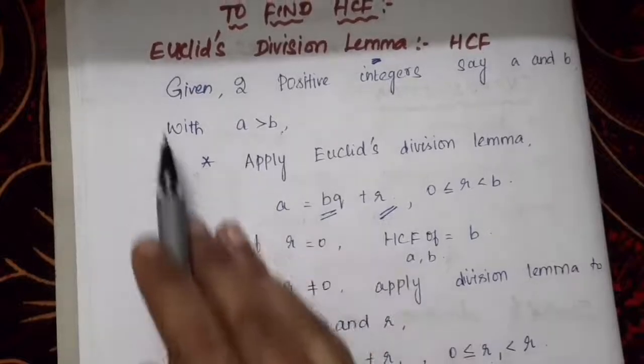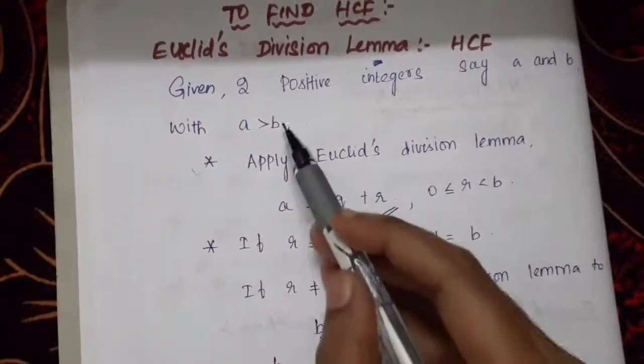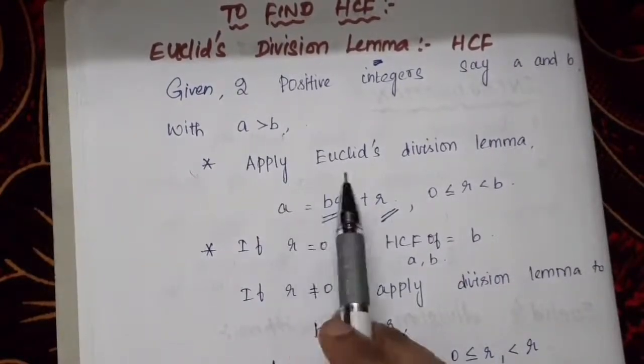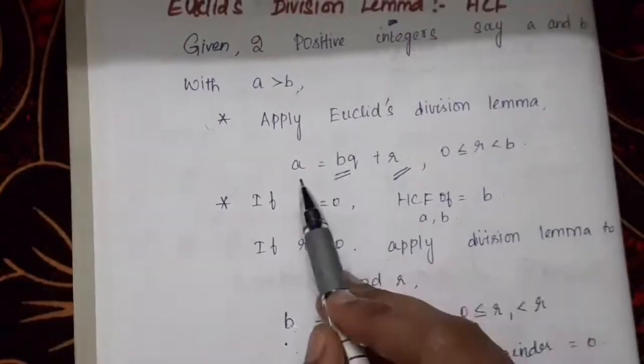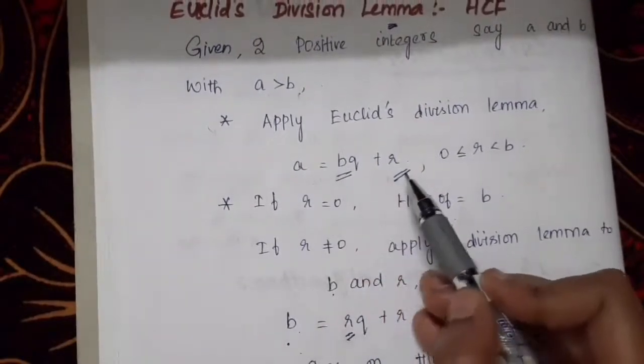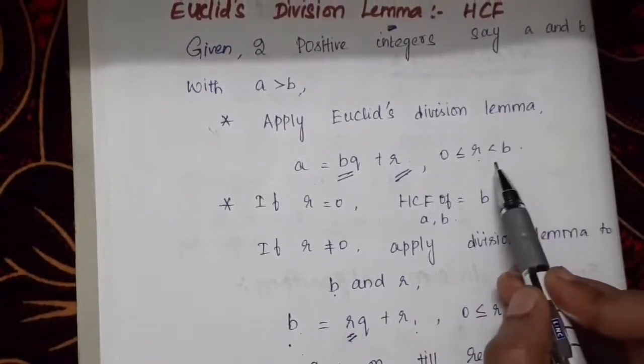What is the first step? First we have to find out which number is greater, and then we apply Euclid's division lemma: a equal to bq plus r, where r is greater than or equal to 0 and less than b.